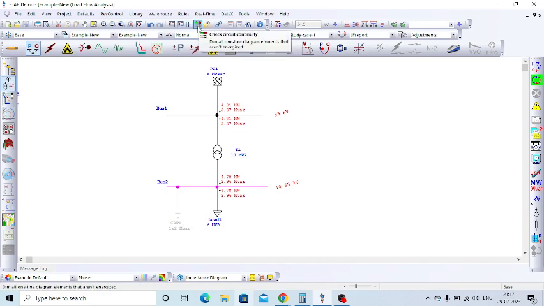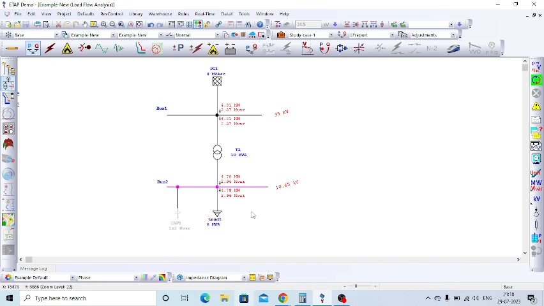Here one option is there, called check circuit continuity. If we click that, then we can see the elements which are not in service in a different color. If you release it, we can no longer see that difference. If you press it, we can see all the elements which are out of service.